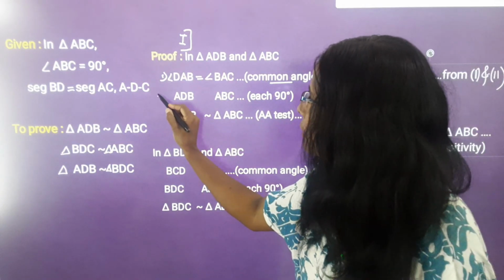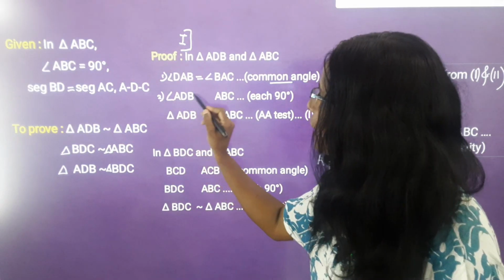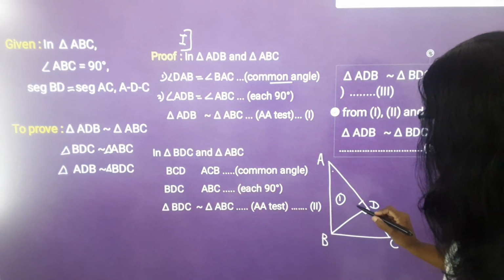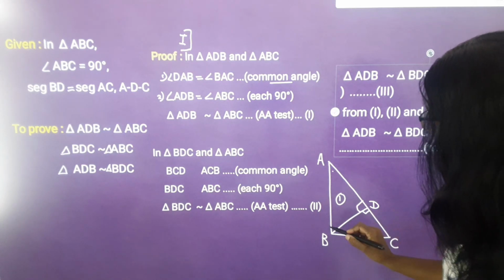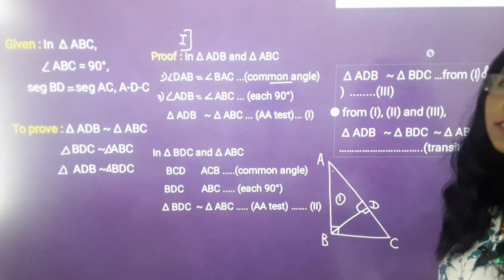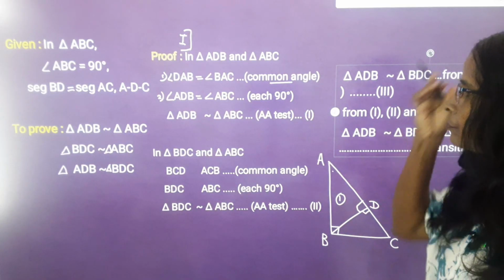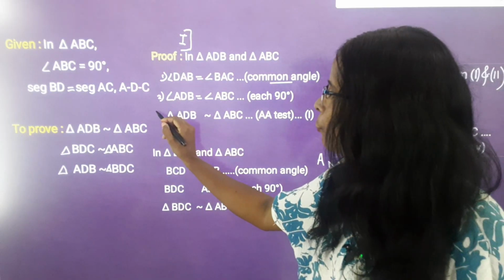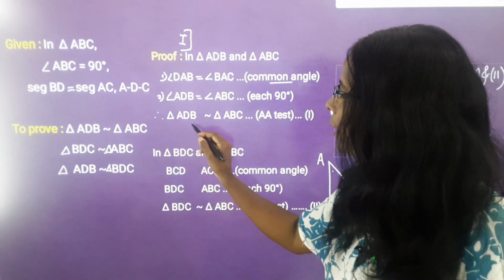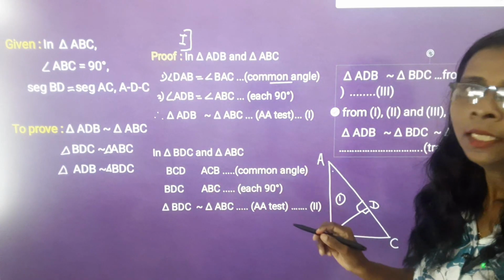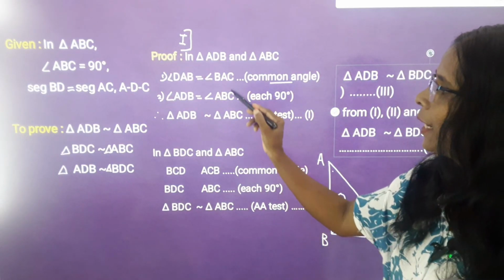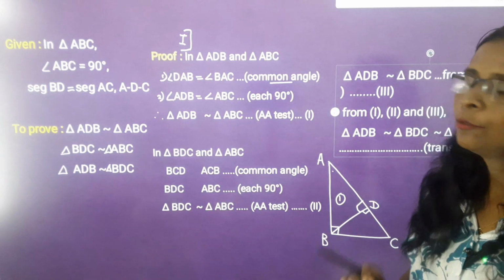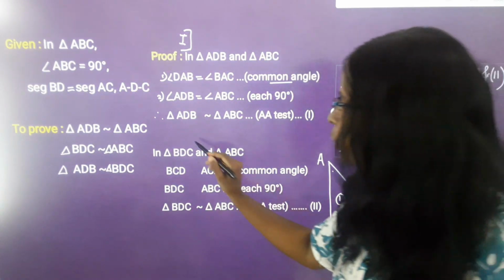Now the second, angle ADB is equal to angle ABC, because this angle is 90 degrees and this angle is also 90 degrees. So these two angles are congruent to each other, and therefore we can say that triangle ADB is similar to triangle ABC by AA test. Okay, so now the first part of the proof is over.